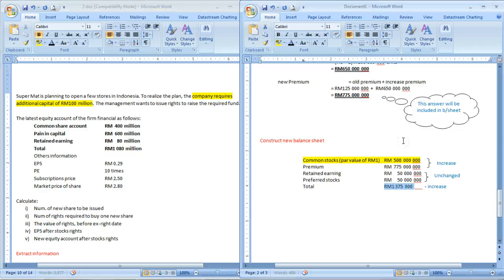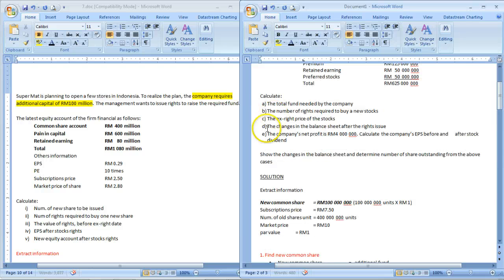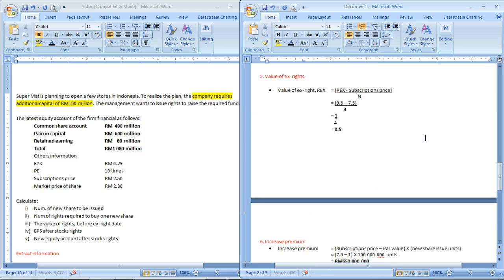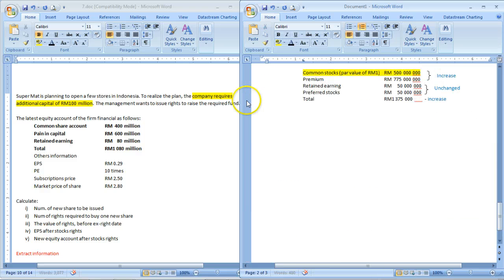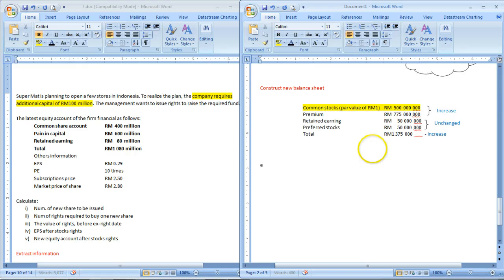The question asks you to calculate, as the company net profit is 4 million, the company's earnings before and after stock right. I will teach market ratios later, in the next chapter on fundamental analysis.